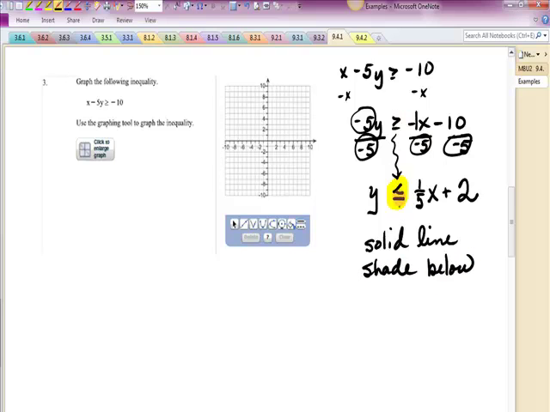If you did not reverse the symbol, you'll shade the wrong side. All right, I need to now notice that the y-intercept is 2, y-axis. The slope is positive 1/5, which means up 1, right 5. So there's a 2, then up 1, right 5.